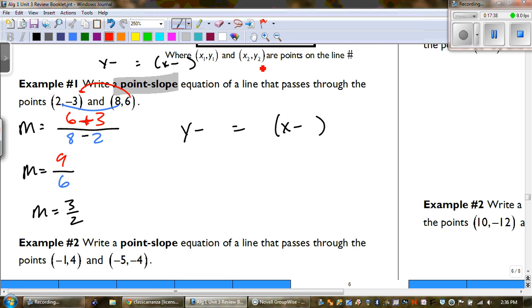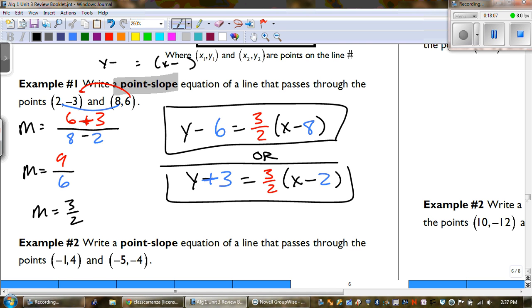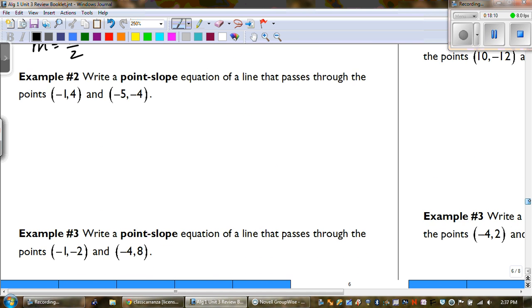You guys should be able to do this right now, okay? Your slope is 3/2. You can pick any point that you want to. If you used 6, 8, there it is, or 8, 6. Or if you picked the other one, your slope is still the same, but all they wanted right now is they said, hey, just give us the point slope, okay? So you could have this one or right there, whichever one you chose to do, okay?